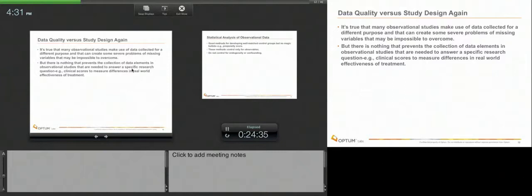And those two things, along with other things like wrong functional form in the equation you're trying to estimate, all introduce a correlation between the treatment effect and the error term in the equation. That introduces bias. So if you can get better data quality, collect the variables that are needed to answer that particular question and have good quality data.